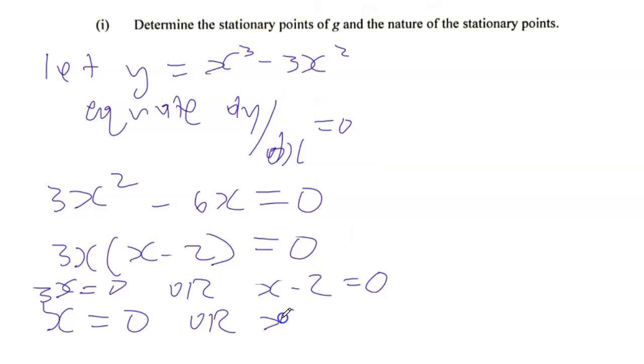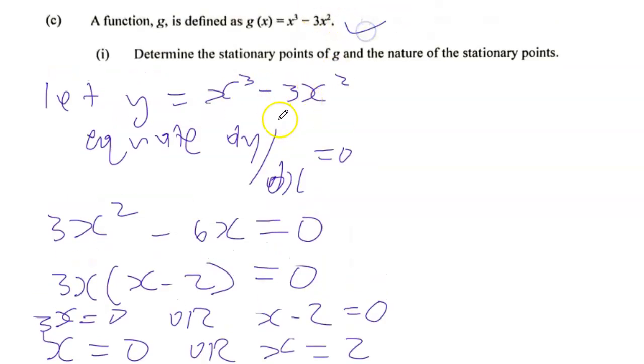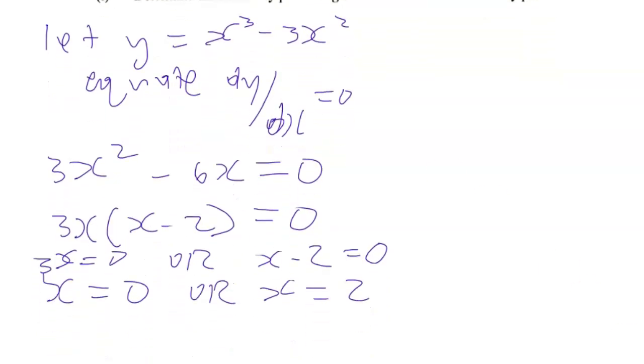And then to get the corresponding y value, remember y is whatever the function is, x cubed minus 3x squared. We place 0 in the function, so the y value will be 0 cubed minus 3 times 0 squared, which is 0.